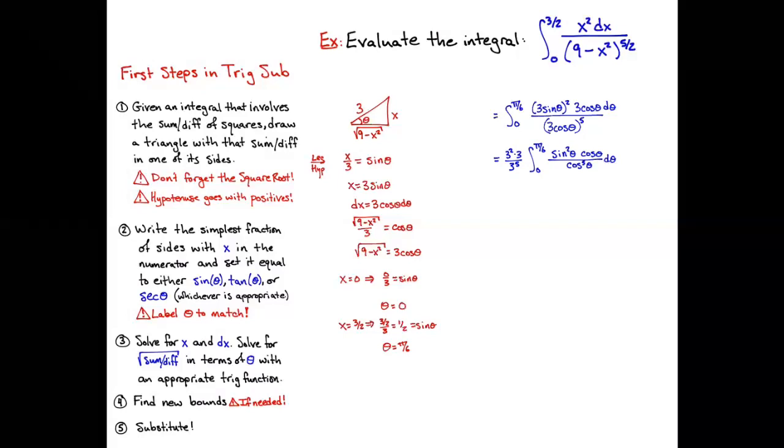The 3's in front reduce significantly. It becomes 1 over 3 squared, which is 9. Cosine cancels. So I get sine squared over cosine to the 4th theta d theta.